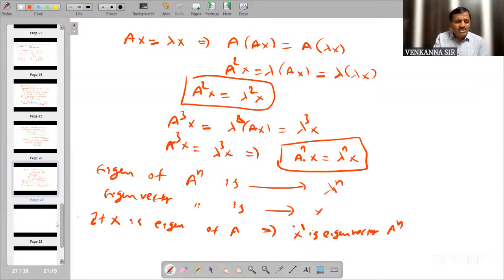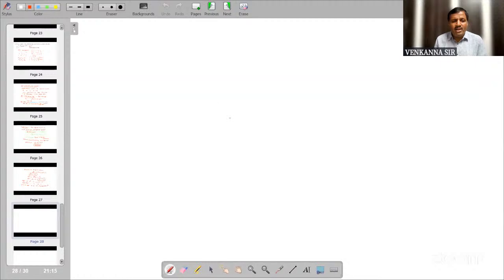Now, properties of eigenvalues and eigenvectors. We have very, very important properties of eigenvalues and eigenvectors.